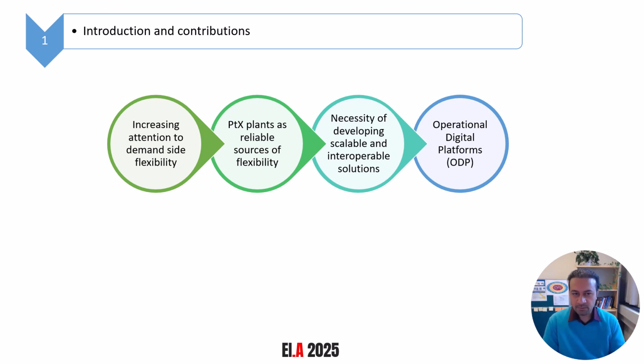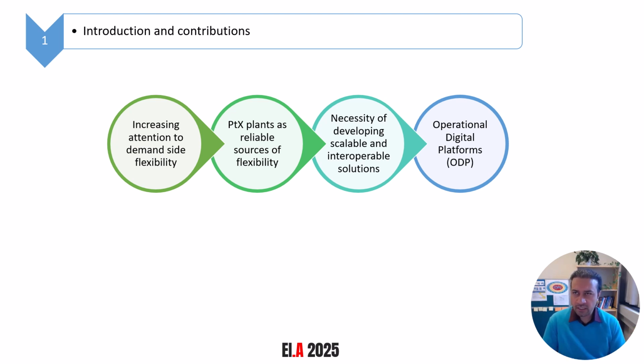And power-to-X plants are a very reliable source of flexibility. Their scale is big enough to provide a significant amount of flexibility, and they have some characteristics that make them very suitable for these purposes.